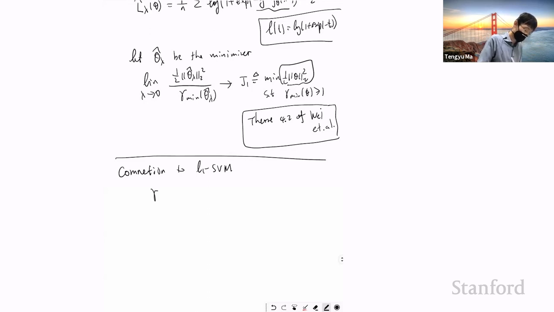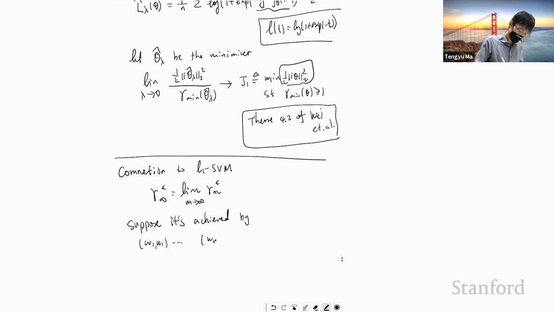The idea is that first of all, let's look at an infinite number of neurons, because we have claimed that more neurons is always better. So why not think about an infinite number of neurons, and see what it will do for us. You look at the max margin when you have an infinite number of neurons. This is the largest possible margin you can achieve, and suppose that this is achieved by U1, and so on and so forth.